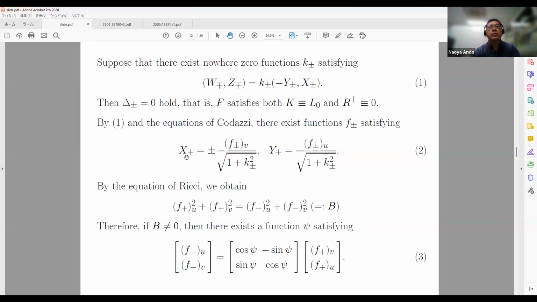So large X plus minus and Y plus minus are expressed by small f plus minus and small k plus minus.